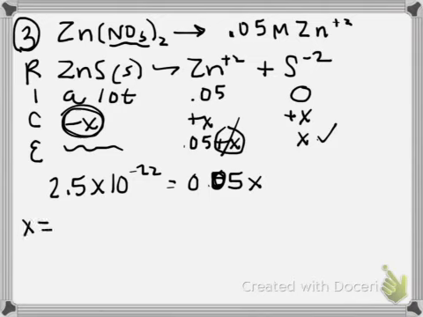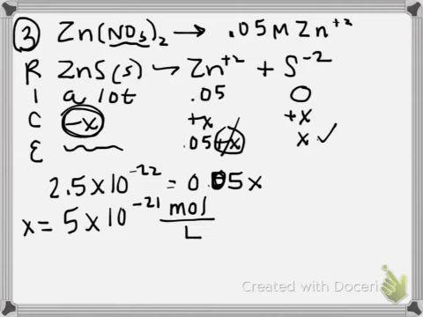And what we get is our x value is, I did not write it down. x is 5 times 10 to the -21. Now that's molarity, moles over liters, okay? So if we had a full liter, 5.0 times 10 to the -21 would dissolve. We don't have a full liter though.